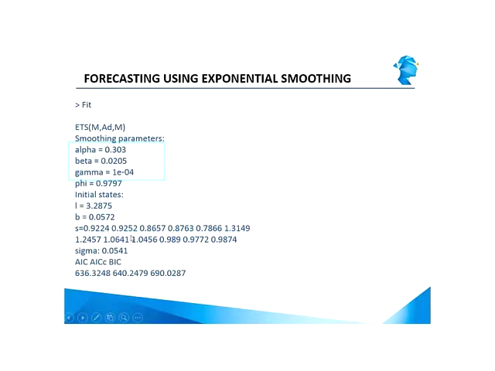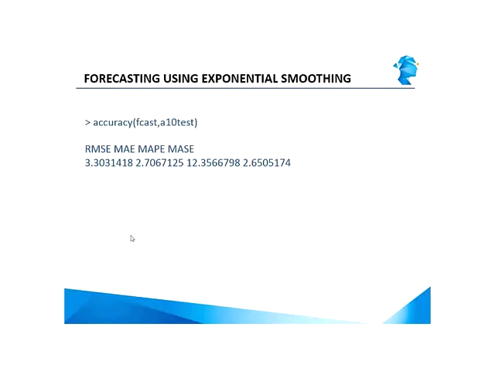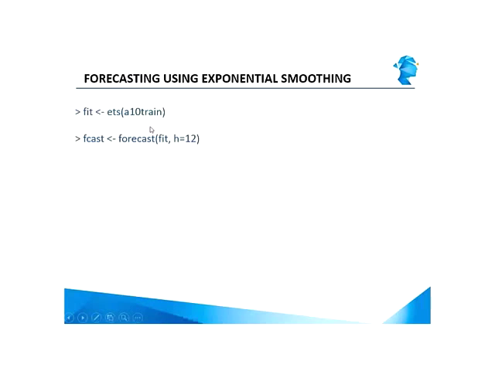And then we can move on to actually validate the model using test data. So we can use a function, accuracy, which prints out a whole bunch of statistics related to accuracy. So in fcast we had the forecast for 12 periods.